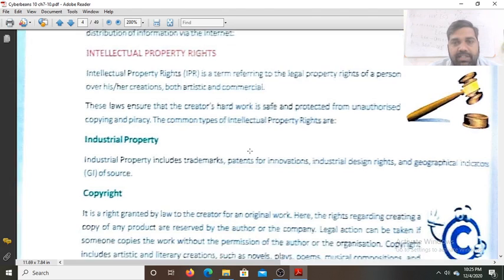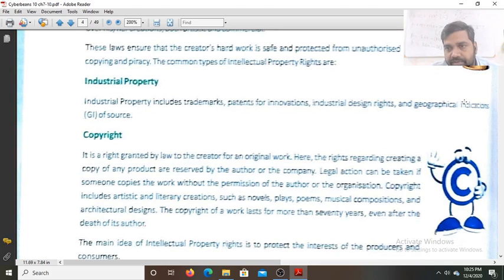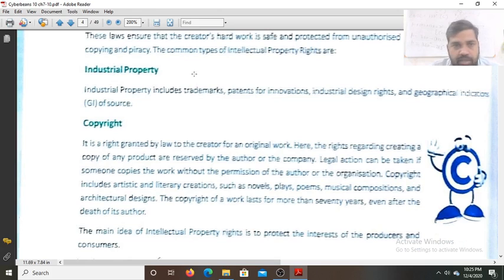The common types of intellectual property rights are what? Industrial property right. Industrial property includes trademarks, patents for innovation, industrial design rights, and geographical indications of source. In industrial property right, every company uses their trademark logo, so no other person can use their logo.